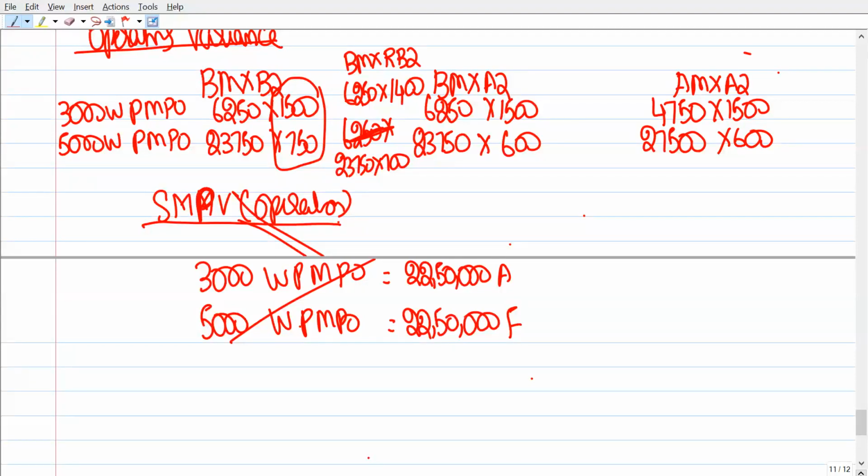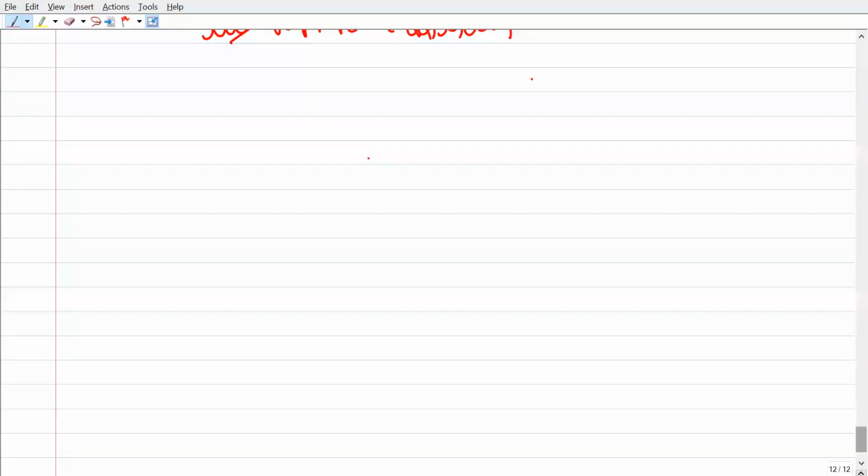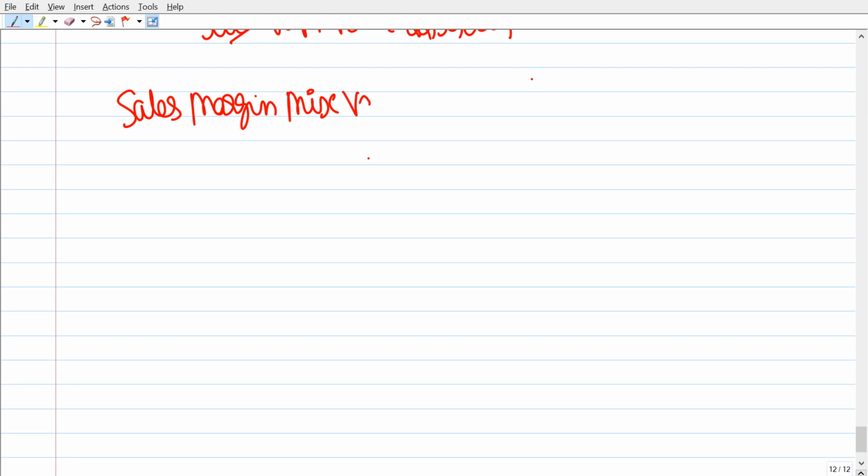Is this table fine? Any doubts on the table? Now come down. Sales margin mix variance, in bracket operating.